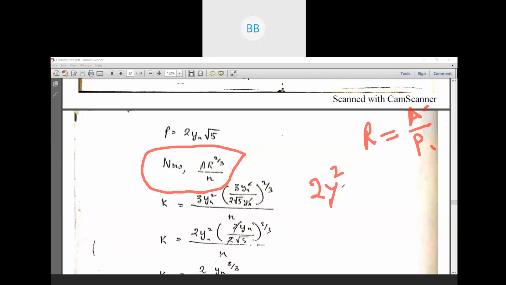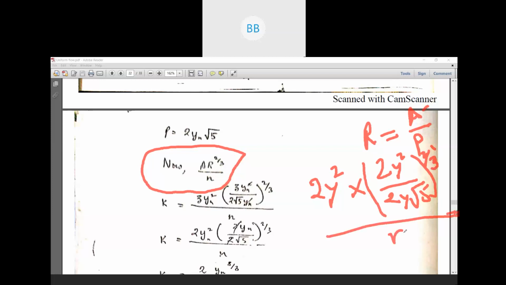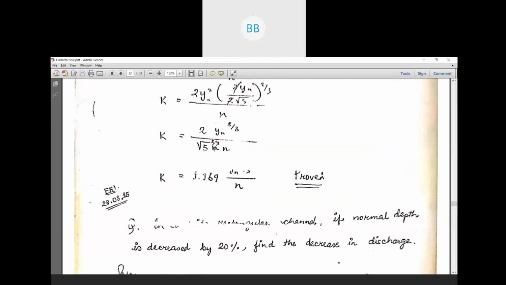Area is twice y square, divided by twice y root over 5, then to the power 2 by 3, divided by n. Solve this expression and see whether you are getting this value or not.